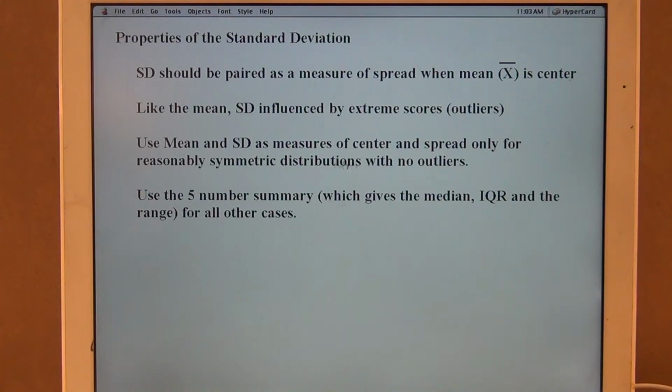So we use this with distributions that approach the normal distribution looking. If it's a skewed or uneven distribution, we do not use the mean and standard deviation. If it is skewed or otherwise, we use the 5-number summary, which gives us the median and interquartile range, and box plots.